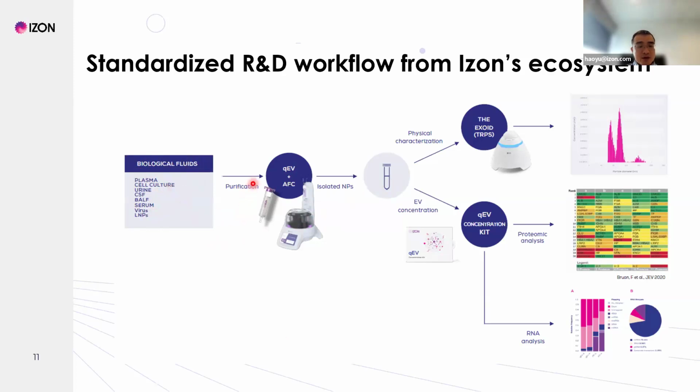By using our columns together with our automatic fraction collector, you can collect the EVs very quickly and with high efficiency. After that, you can use our systems for particle measurement, and also our concentration kit for the concentration, and then proceed to protein studies or RNA studies.